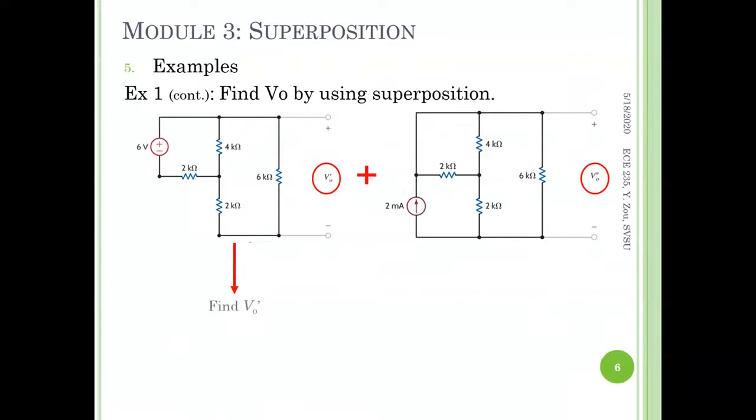Then we find two V naught values, to differentiate them from the total V naught we're really looking for. I'm using single quotation and double quotation. And the total V naught we're really looking for is equal to the sum of these two. Okay, so example 1 provides the detailed procedure for you to understand how to go through this workflow. Then let's see the solution under the camera.